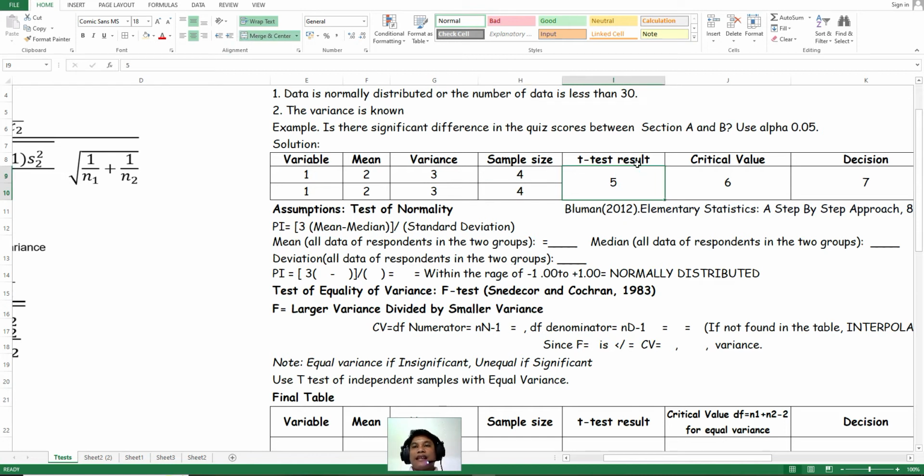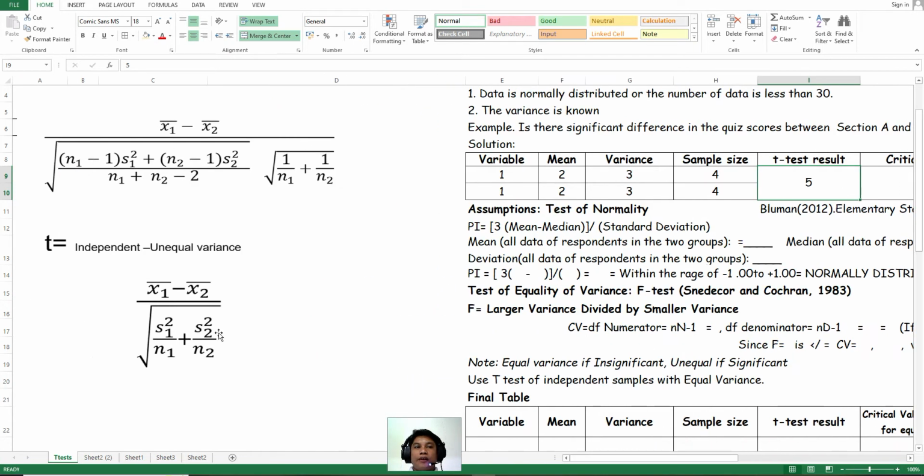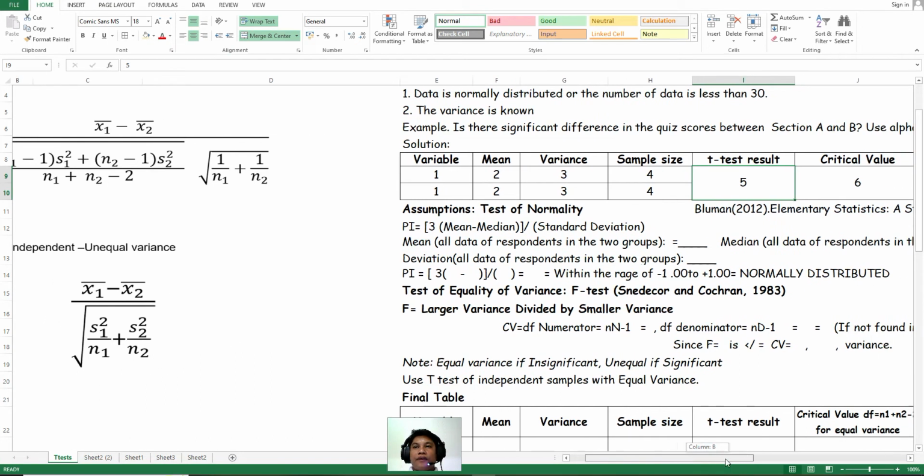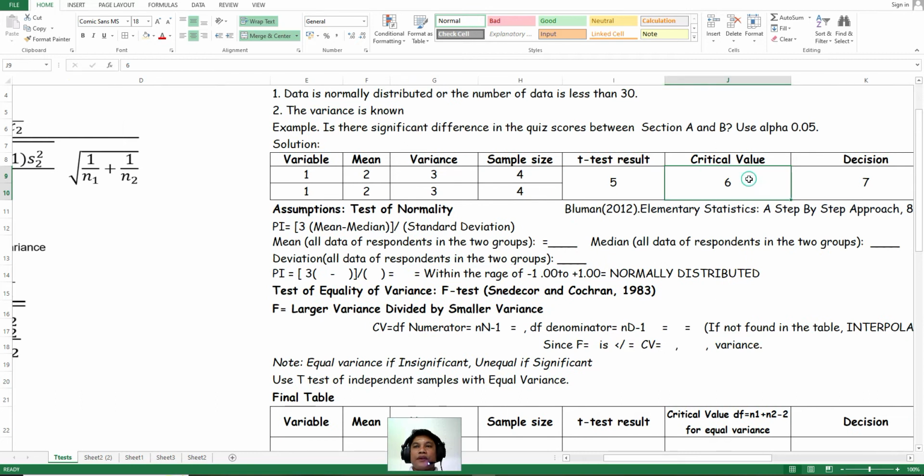Then we have the t-test result, which is based on the use of this formula, unequal variance or equal variance. We assume that we will be using the t-test for unequal variance, so the t-test result in this table should be the result of the t-test for unequal variance. Then we have to look for the critical value.